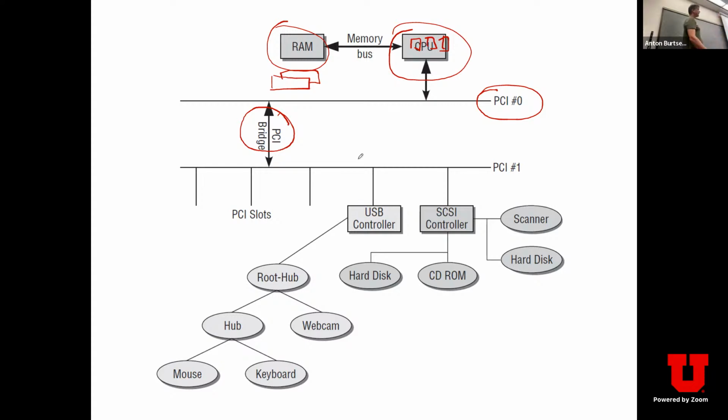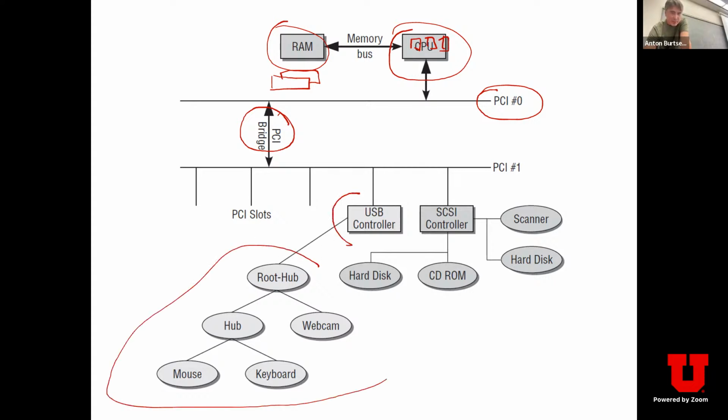But the point is that buses allow connecting multiple peripheral devices, and sometimes other buses. For example, if this is your USB bus, and USB stands for Universal Serial Bus, where you can typically connect a webcam, something like a mouse or a keyboard, then it will be connected to a USB controller.